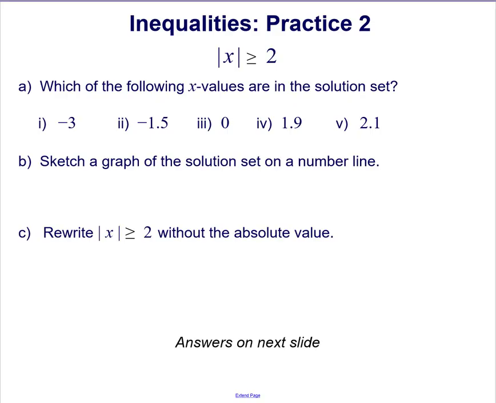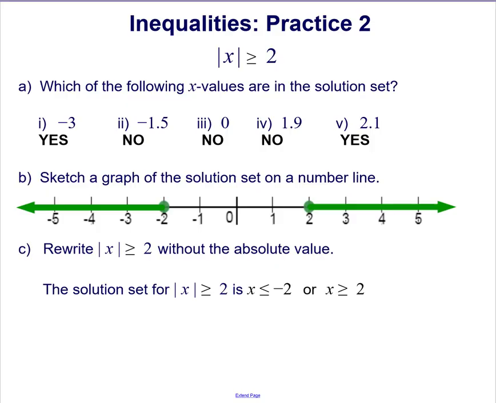I trust that you've had an opportunity to do that. Here are the answers. So, -3 and 2.1 are solutions. The other three values are not. When you sketch a graph on the number line, this is what we call an OR statement. Anything less than or equal to -2, going to the left, or anything greater than or equal to +2 going to the right.